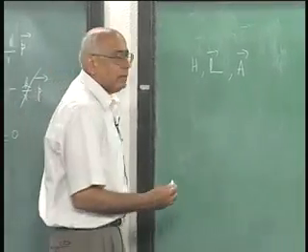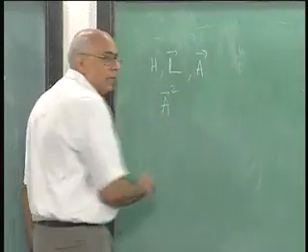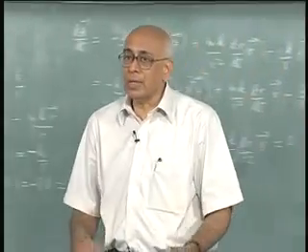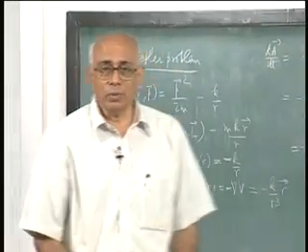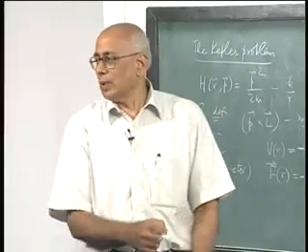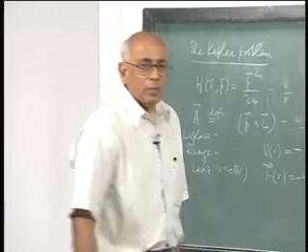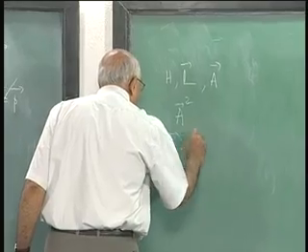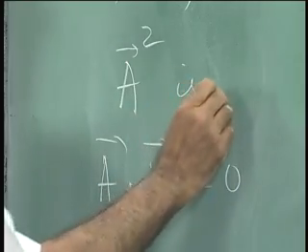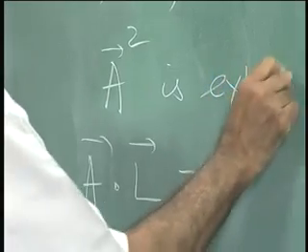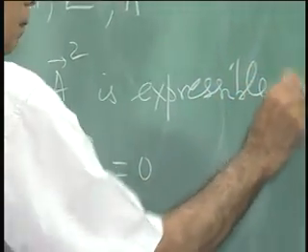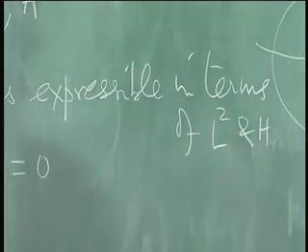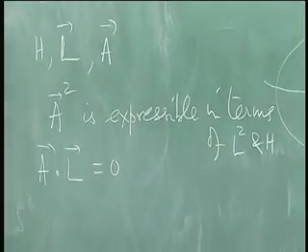You can quickly see that A squared can be written in terms of h and l squared. So once you tell me h and l squared, the numerical value of the total angular momentum squared and the energy, then I also tell you the magnitude of A. Moreover, you immediately see that A dot L equals 0.